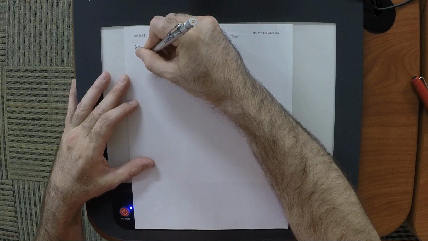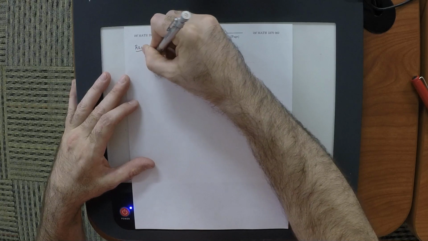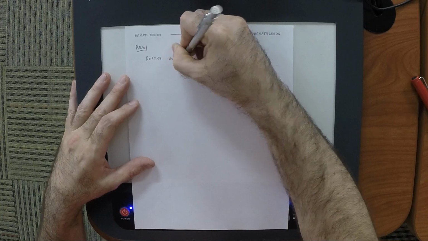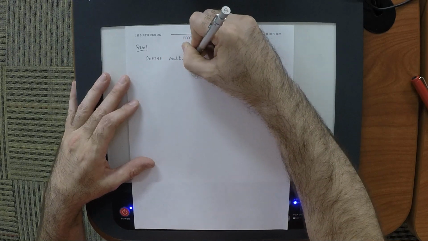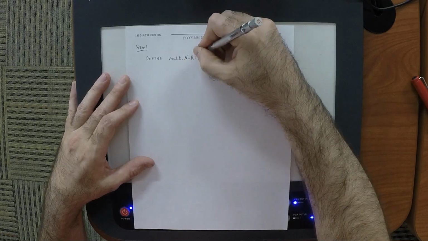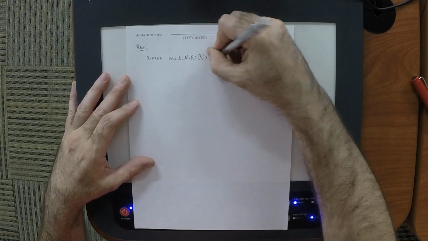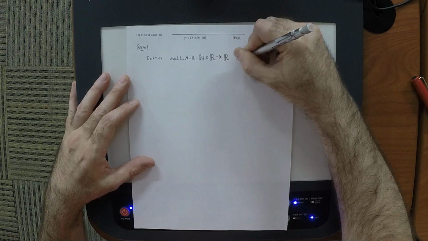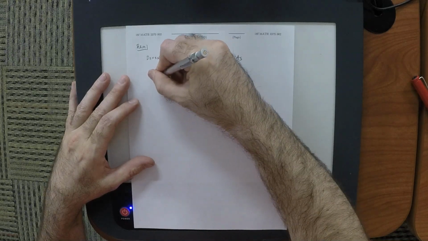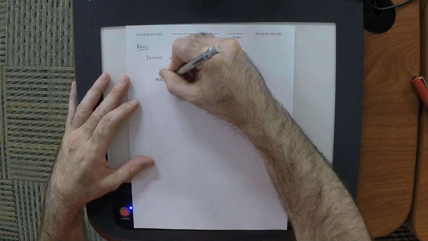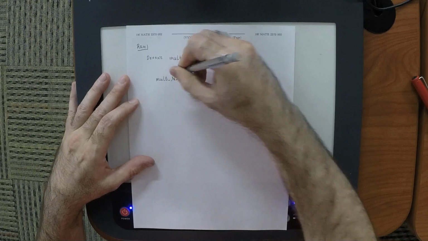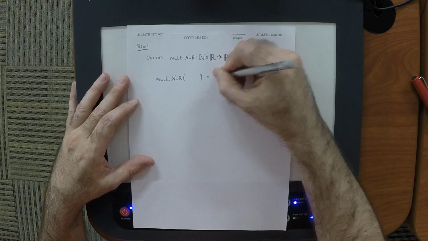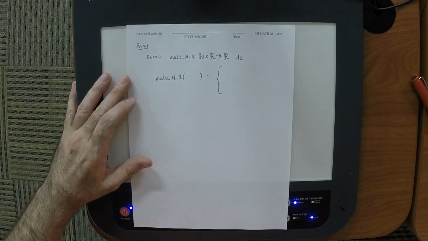I can say define mult_n_r from naturals cross reals to reals as mult_n_r equal to that.